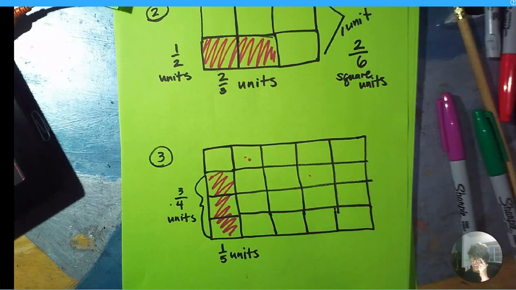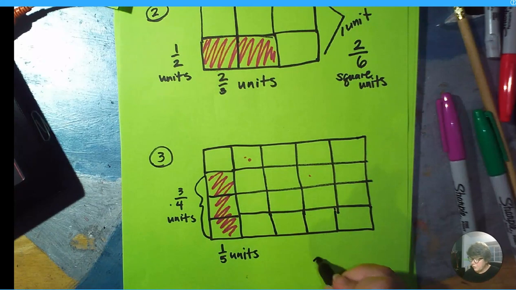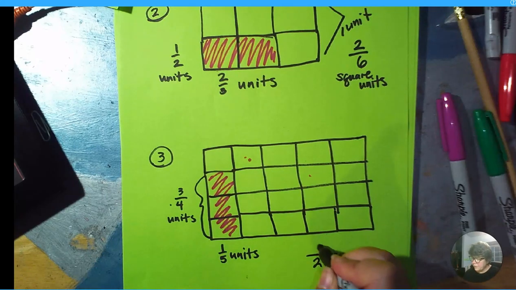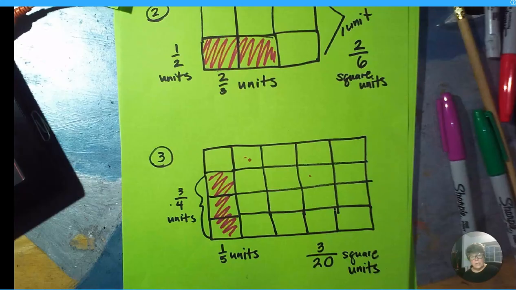Now I see that I have 4 in this direction and that there's 5 of them. So that would be 4 times 5, which would be 20. And there are 3 that are colored in. So that's 3/20 square units, right? And you got to make sure that you have that all drawn and written out for your notes.